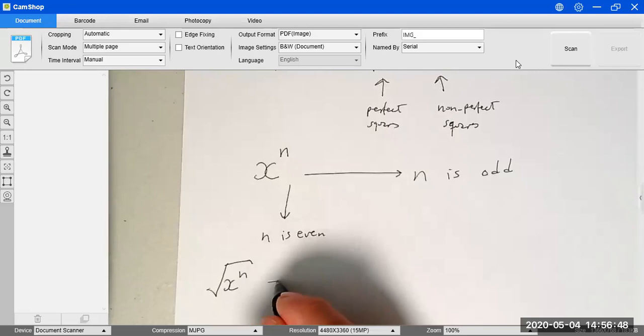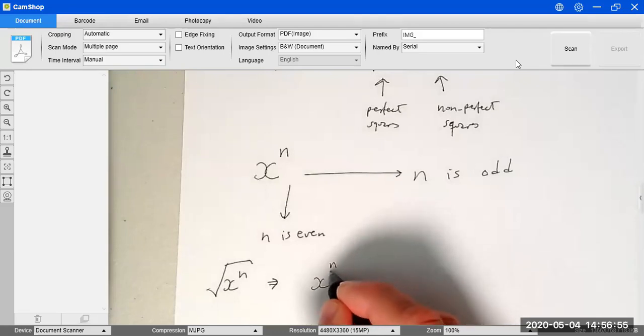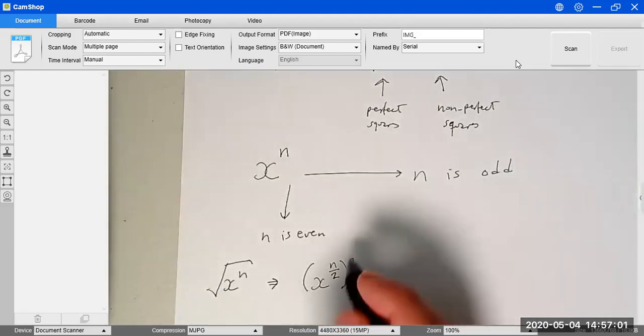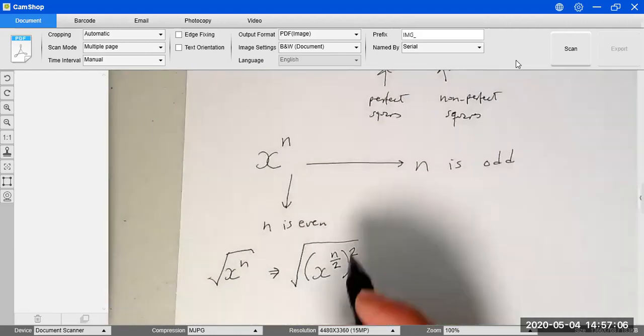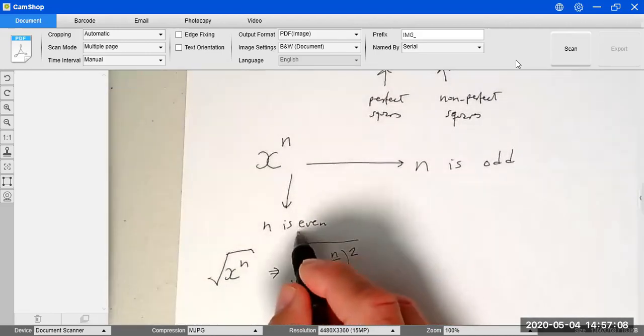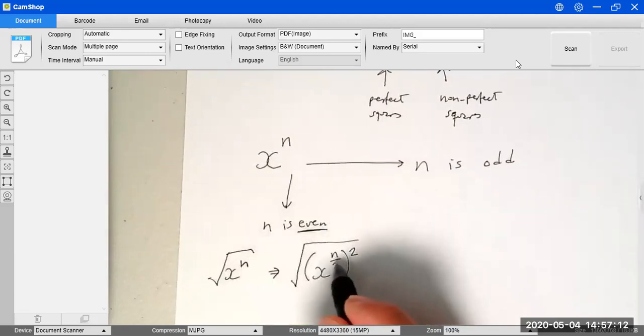You're going to rewrite this radicand as x to the n divided by 2, and then you're going to square this expression, and then you're still going to have your radical sign. So this is what you're going to do when n is even. You divide the exponent by 2, so you're going to get an integer because n is even. For example, if n is 4, then 4 divided by 2 is going to be 2.